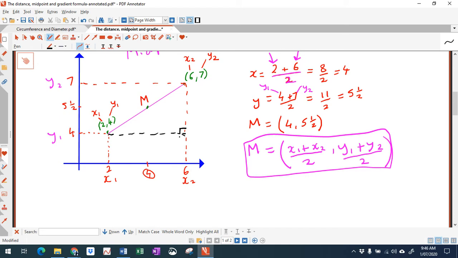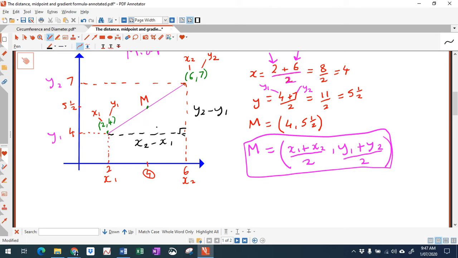That'll do, put your little right angle there. Now, think back to the first diagram we did on distance. We worked out that this was x2 minus x1. And this was y2 minus y1.